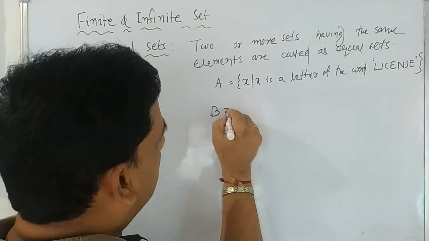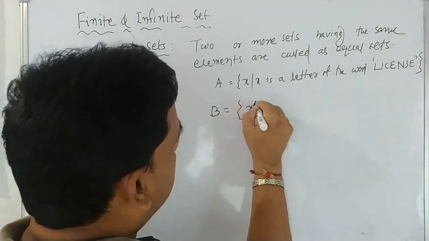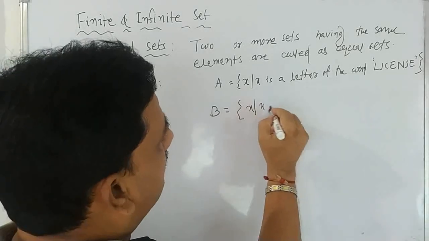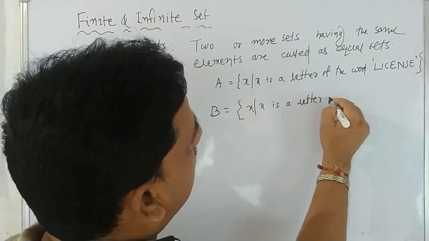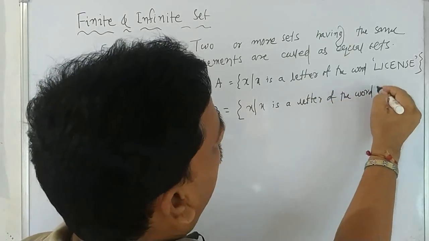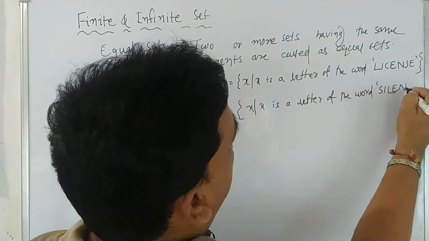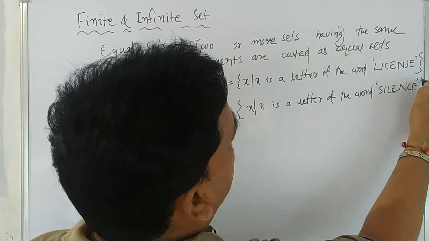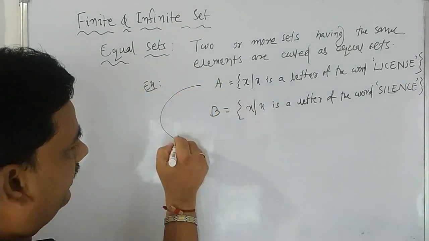B is another set. Two different sets, but how they are equal, I'm saying. B is x such that x is a letter of the word silence. So let us convert A into roster form.